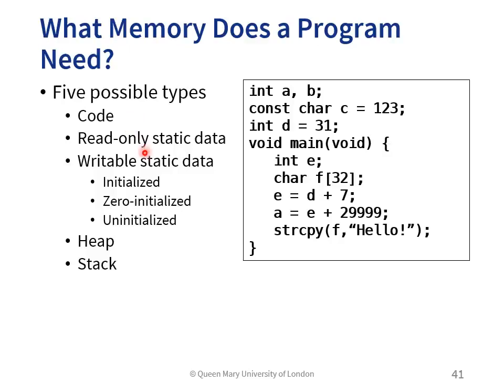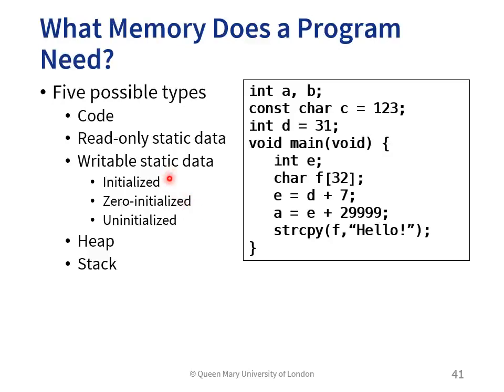Second, it could be read-only static data. The meaning of static is that it's global. It can be accessed anywhere. So it could be like this 1, 2, 3 stored in C. It can also be read-writable static data that can be changed throughout the life of the program, like A, B, D. So we also have to make sure they are well initialized.